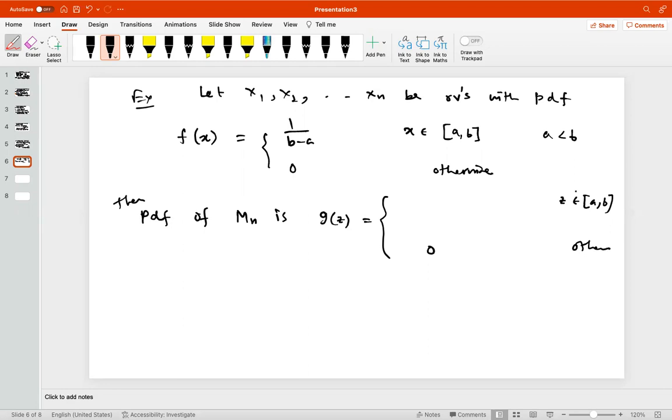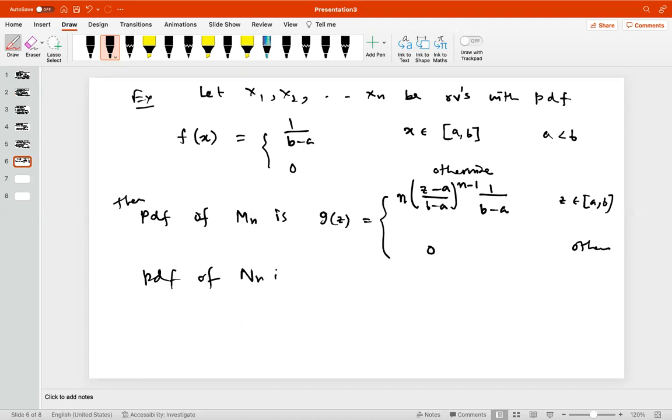The maximum and minimum are obviously in between a and b, and you can easily take that derivative, and you can see from the previous result that it is n into z minus a by b minus a whole to the power n minus 1 into 1 by b minus a. These are homework. You can easily check that.